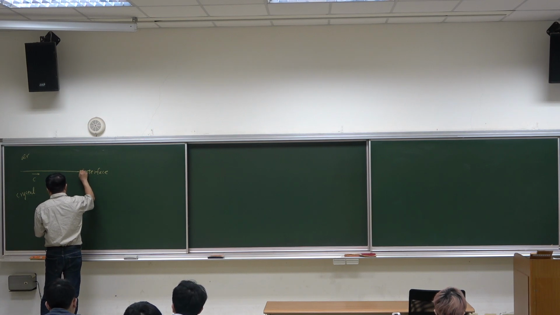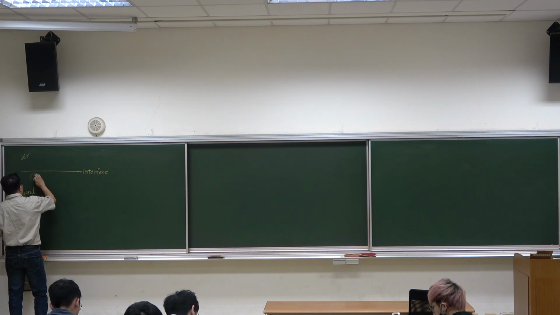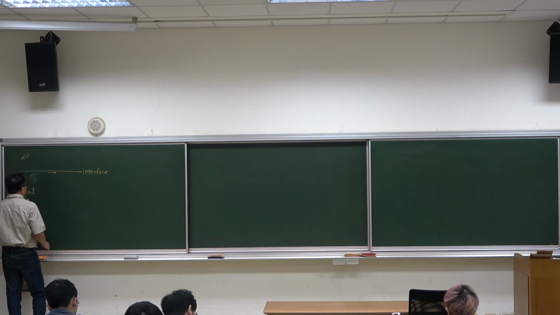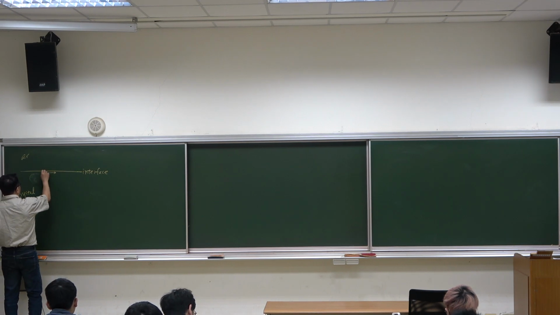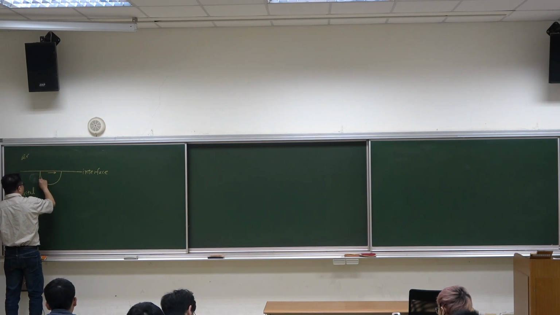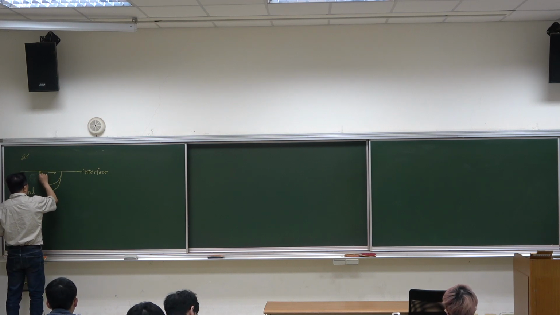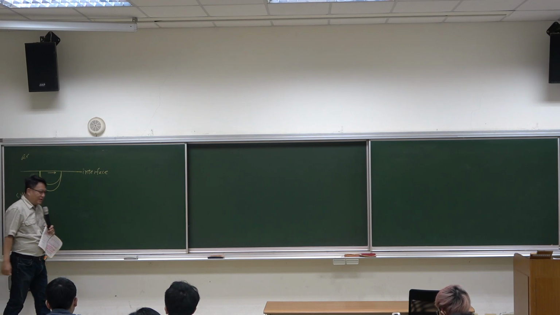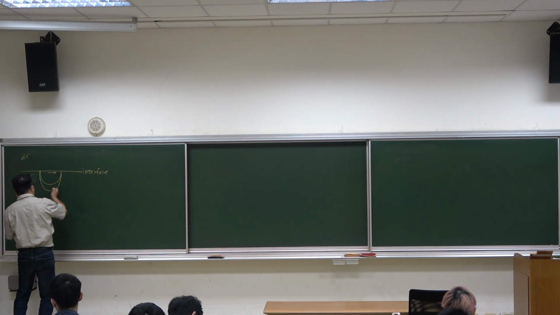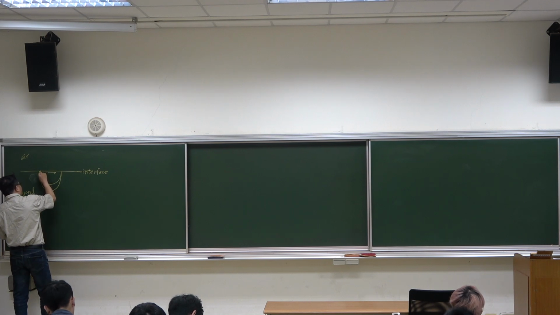Then according to the normal surface, if the C-axis is along this direction, then this means that we have the normal surface like this. This is an example of the positive uniaxial crystal because the ellipsoid is larger than the sphere.